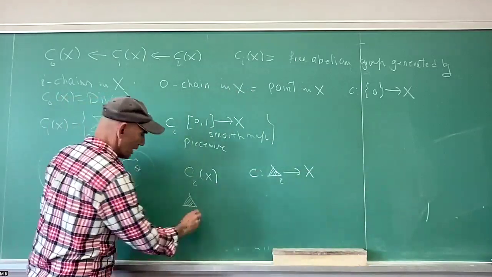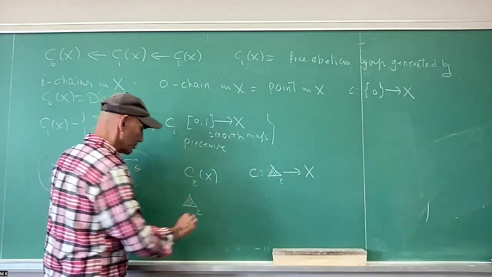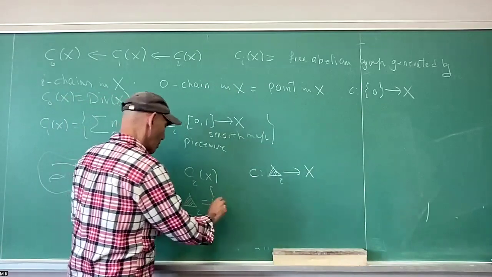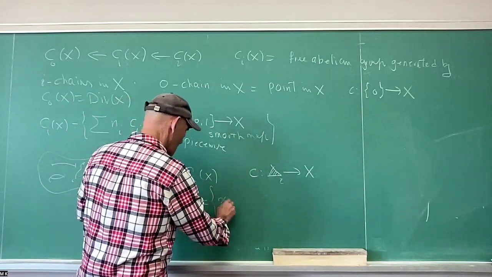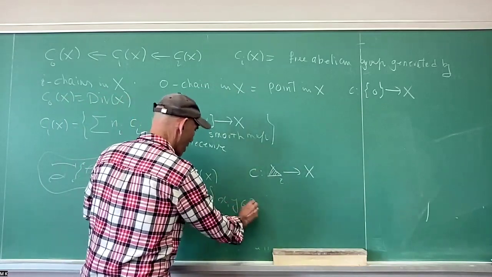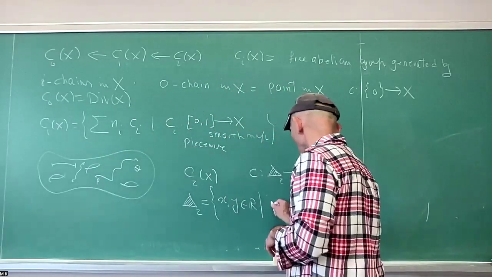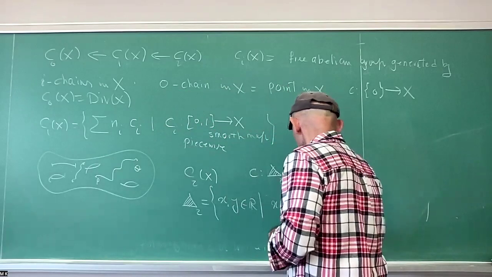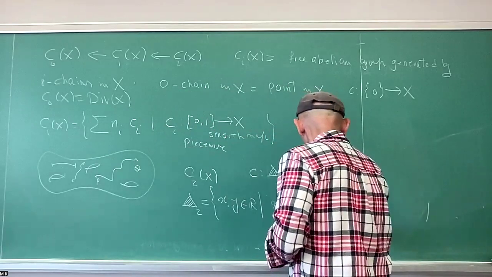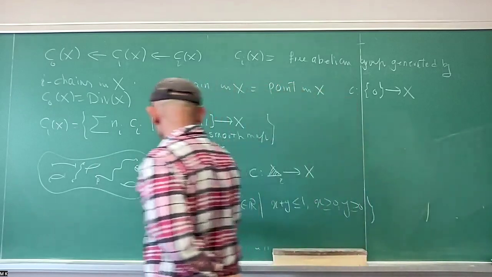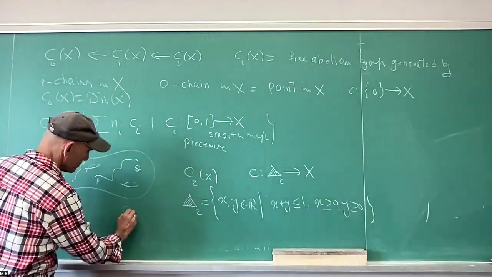This is a simplex: the set of all x and y in R such that x plus y is less than or equal to 1, x is bigger than or equal to 0, and y is bigger than or equal to 0. So these are two simplices, if you want.